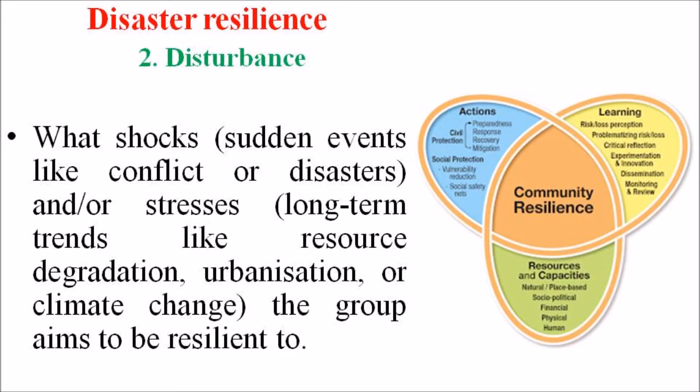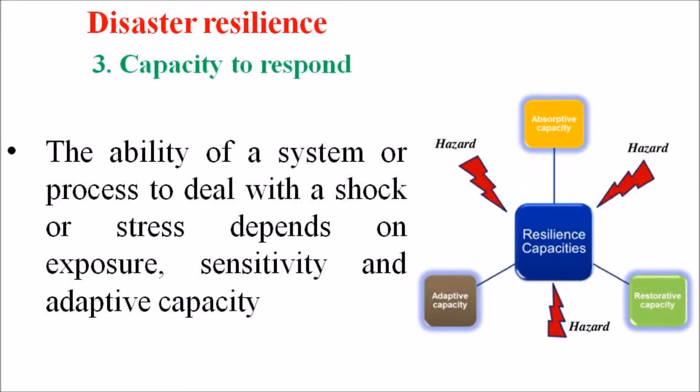The capacity to respond is the ability of a system or process to deal with a shock or stress depending upon the exposure, sensitivity and the adaptive capacity of that particular disaster management system. The exposure includes the magnitude of shock or stress.